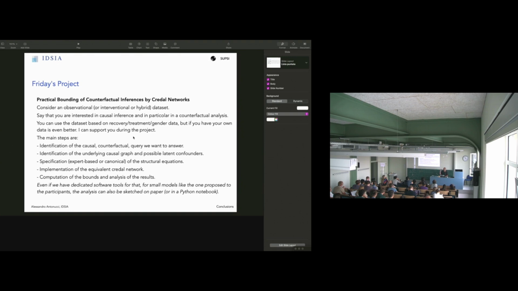But my proposal for the project is to use some data set. We can use the gender, treatment, and effect data set I showed you this morning. Or if you have another data set, we can use your own data set. And what we could try, but I'm here also to support you, would be, let's define this causal graph with some discussion.